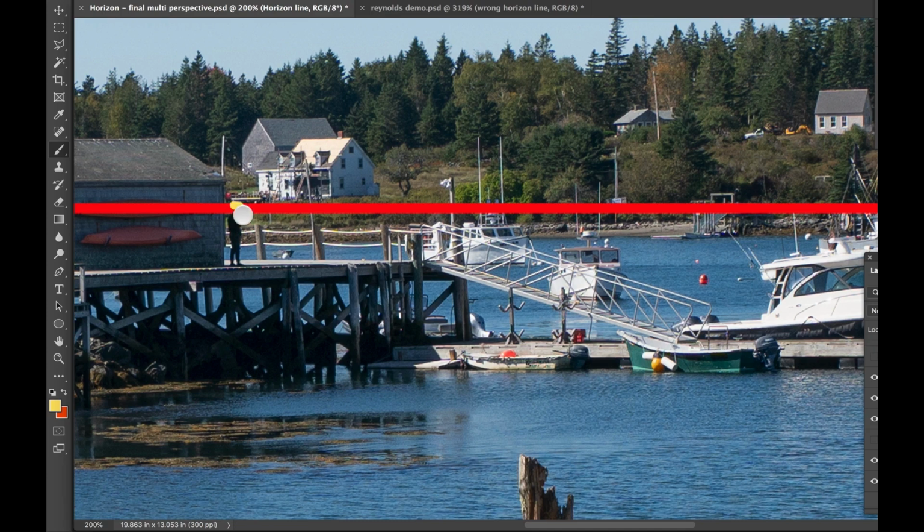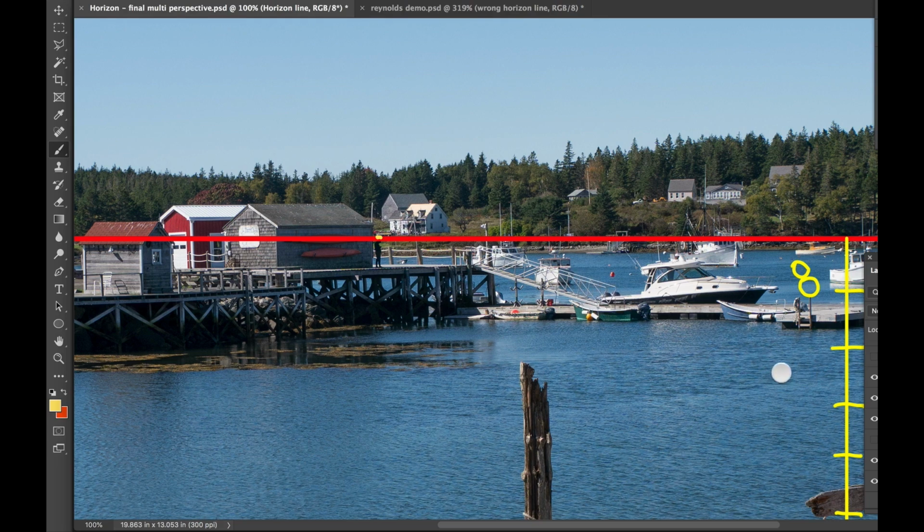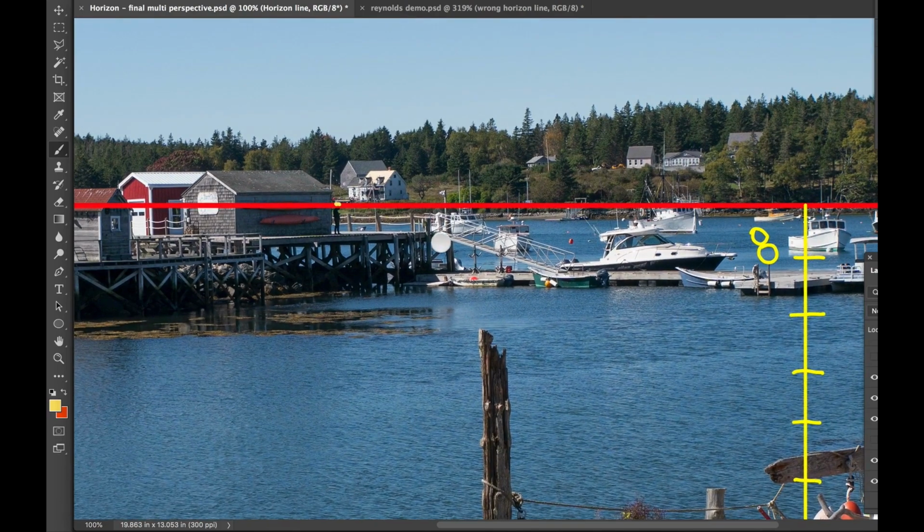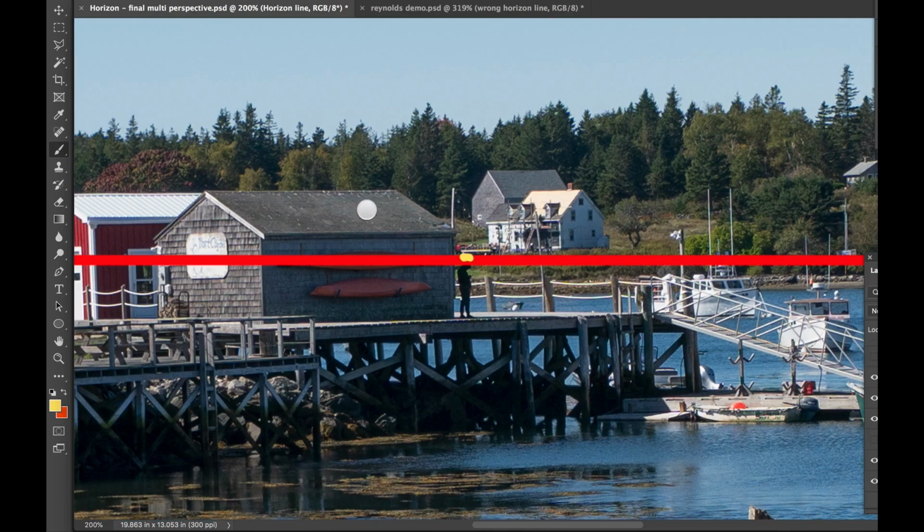Well, that doesn't make sense because we know from this deck I'm at 8 foot. How come he is at 6 foot? Well, there's a reason why, and we'll find out. So just to make it easy, I'll mark that and show you that that's 6 foot high.